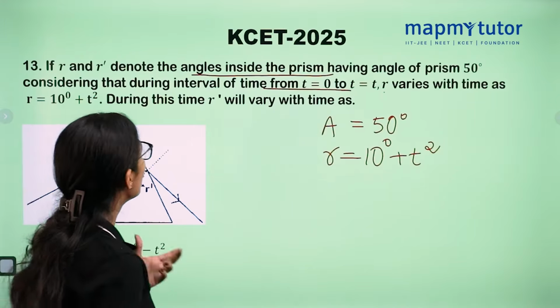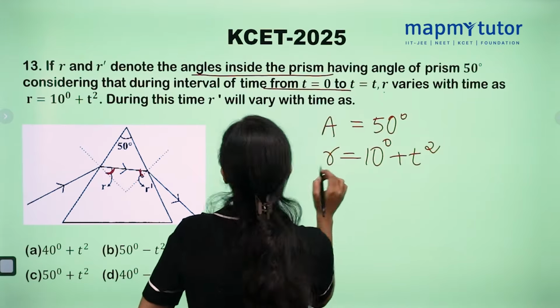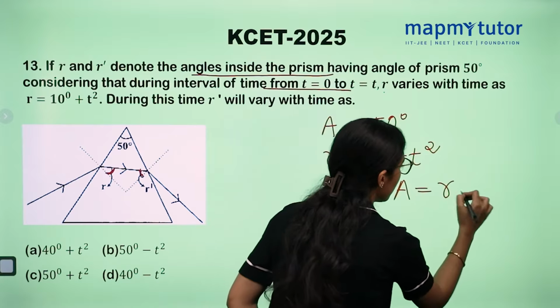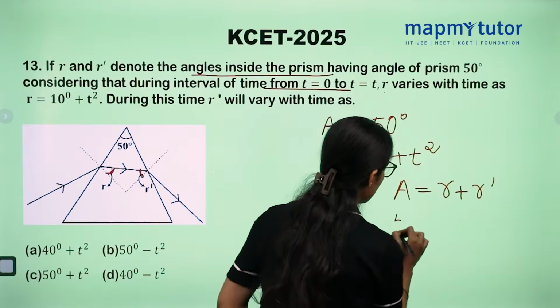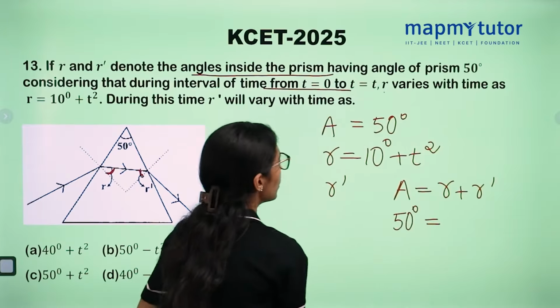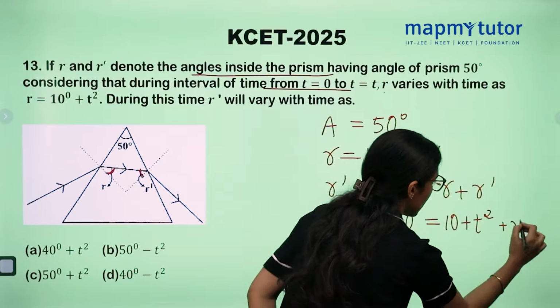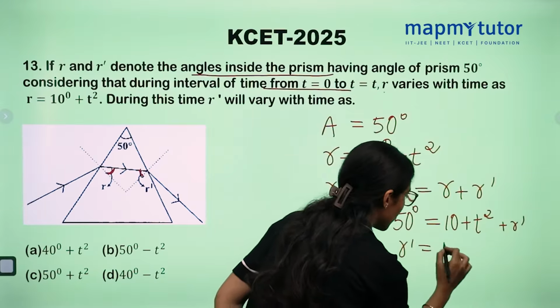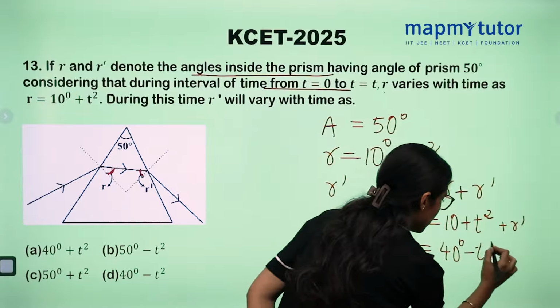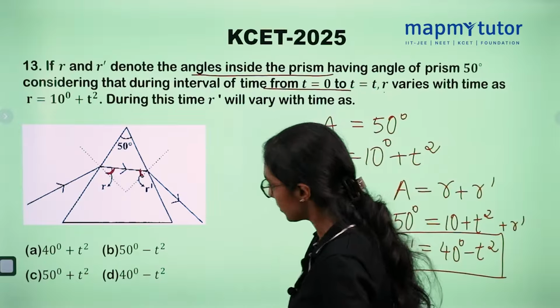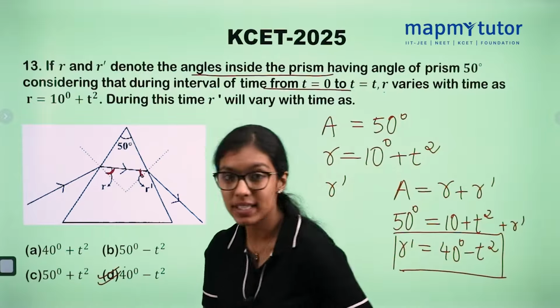You need to find out r dash. We know the formula, it's direct formula based, r plus r dash equals A. So 50 degree equals 10 plus t square plus r dash, and hence your r dash will become 40 degree minus t square. Very simple, very easy. Which option is correct? Option B is correct. I hope it's clear.